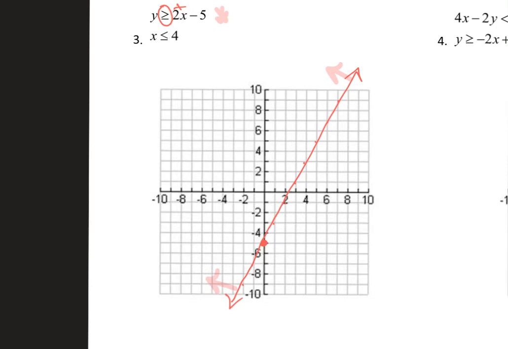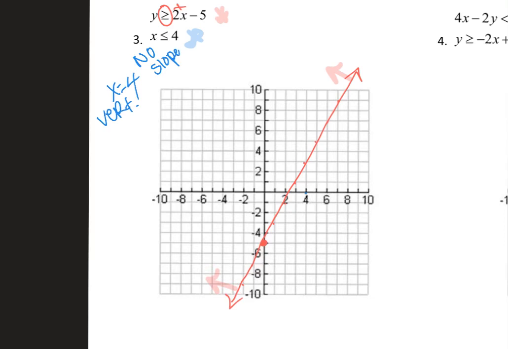The second one I'm going to do in blue. X is less than or equal to 4. We do not have a slope here, so this has no slope. You're going to treat this like x is equal to 4, which is a vertical line.